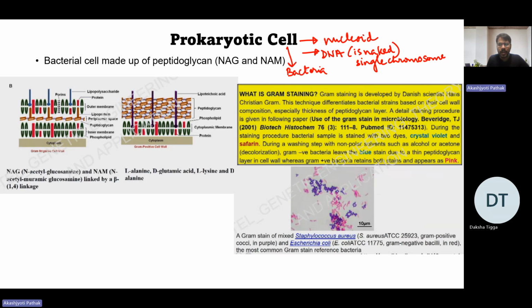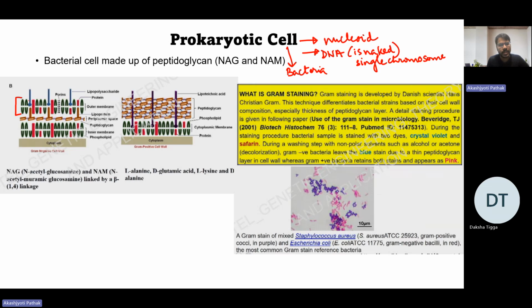So we have two types of bacteria. One is a gram-positive bacteria and the other gram-negative bacteria. How does a gram-positive bacteria differ from a gram-negative bacteria? So a gram-positive bacteria, if you see the structure, has a very thick peptidoglycan layer. So you must remember that the bacterial cell wall is made up of peptidoglycan, and the peptidoglycan layer is different in gram-positive and gram-negative bacteria.